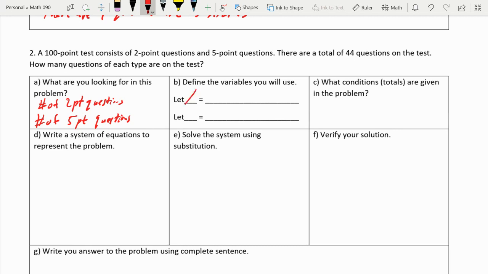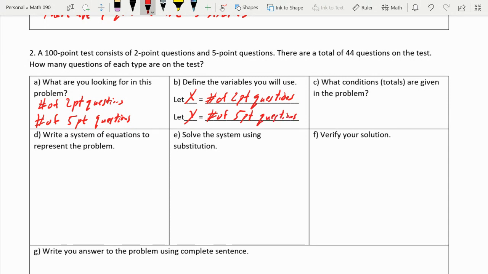Since we always use x and y, it makes it much easier. x represents the number of 2-point questions. Do you see how they're trying to get you to think here? y represents the number of 5-point questions.